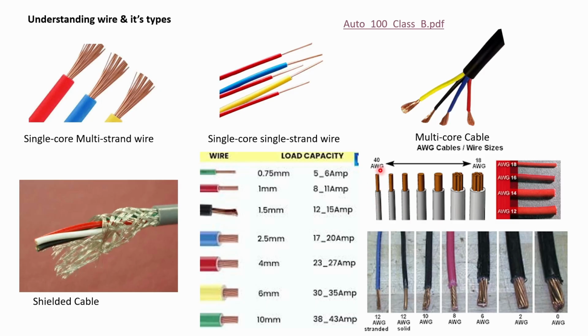So as the AWG number reduces, the size of the wire increases. As you can see, the 12 AWG is a very thin wire, but a 6 AWG wire is a very thick wire. So depending on this, the appropriate AWG and square mm has to be chosen.